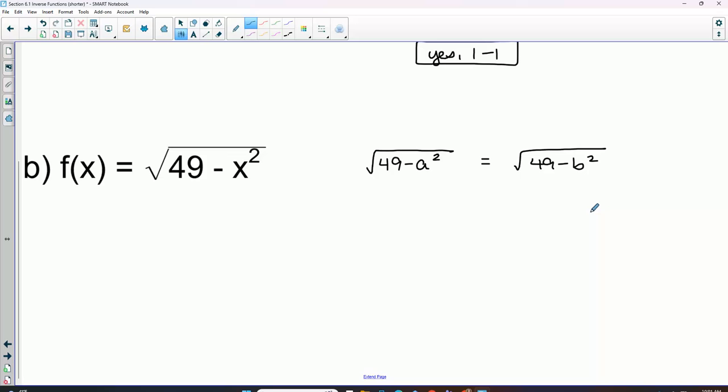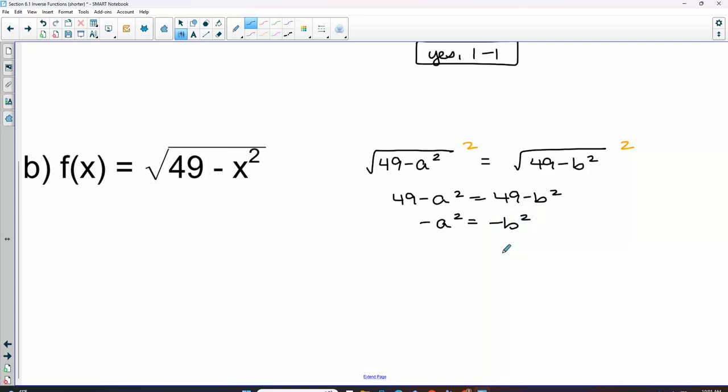So what would we have to do here? Okay, if I do that, it cancels the radicals. So 49 minus a squared equals 49 minus b squared. If I subtract 49 from each side, negative a squared equals negative b squared.